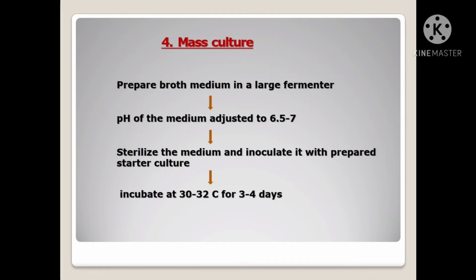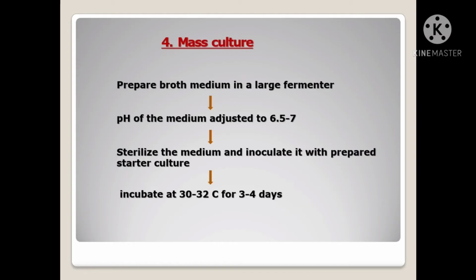Next is mass culture preparation. Prepare a broth medium, that is YMA broth medium, in a large fermenter. Adjust the medium pH to 6.7 to 7. Thereafter sterilize the medium and inoculate it with the prepared starter culture. Incubate at 30 to 32 degrees Celsius for 3 to 4 days.